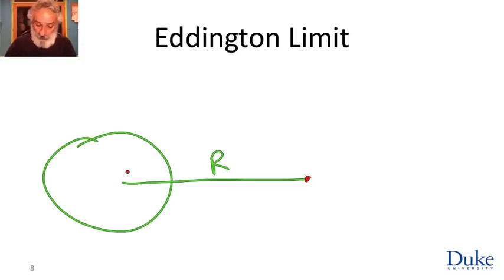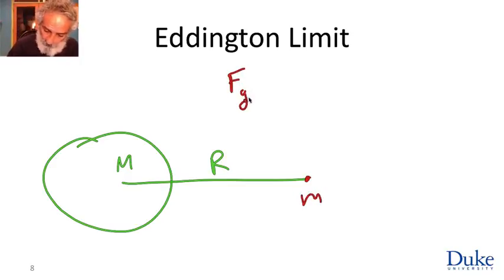So, what is going on? Well, there's of course a force of gravity if this thing has mass M, and this thing, the atom, has mass m. Then there's a force between them, the force of gravity, given by G M m over r squared.